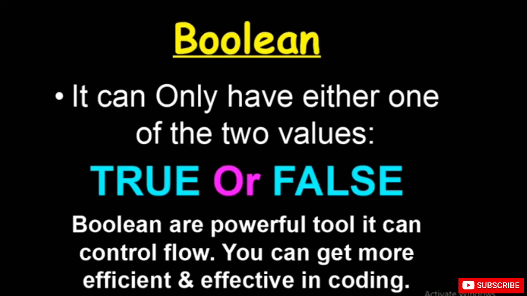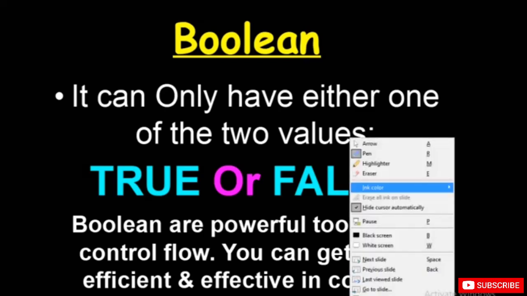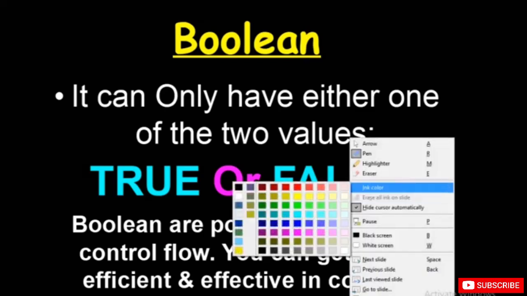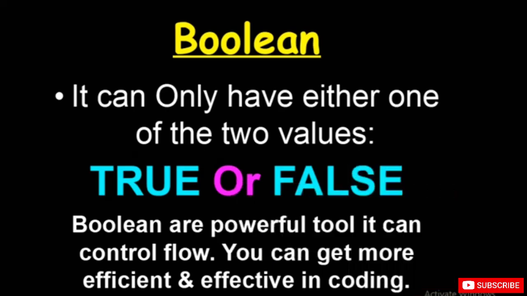Now let's come to the Boolean. So what is the Boolean? Well, for the Boolean, I would like to change the color of my ink to red. It can have just two values. As we have already seen, Boolean is nothing but 0 and 1. It's binary. Simple, right?